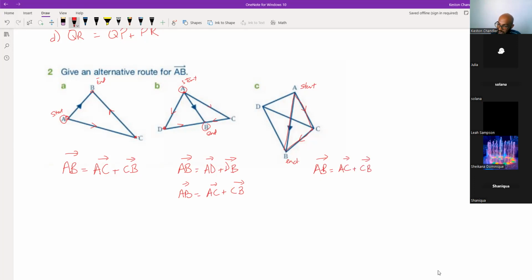We could also start at A and then go this way towards D. And when we get to D, we could then go to B, and we will still start at A and end at B. So I could write A to D and then D to B. Now there's a property here that helped me a lot when I did this in school.